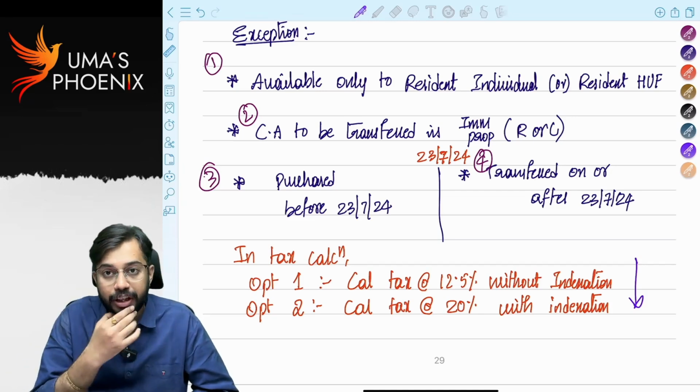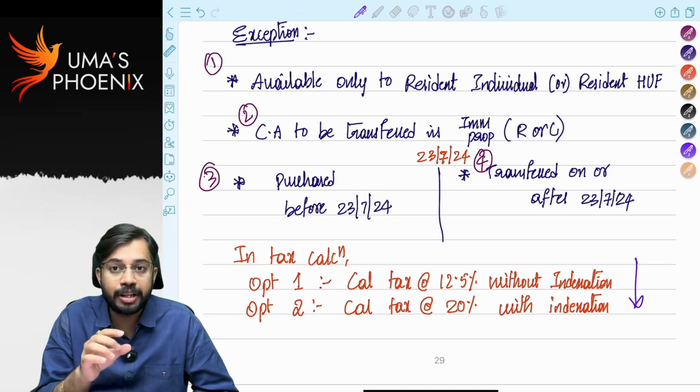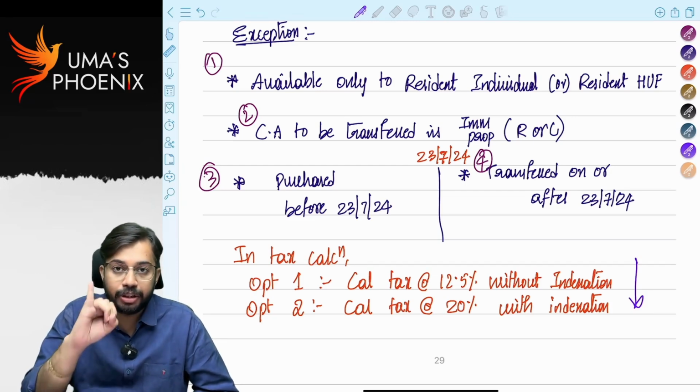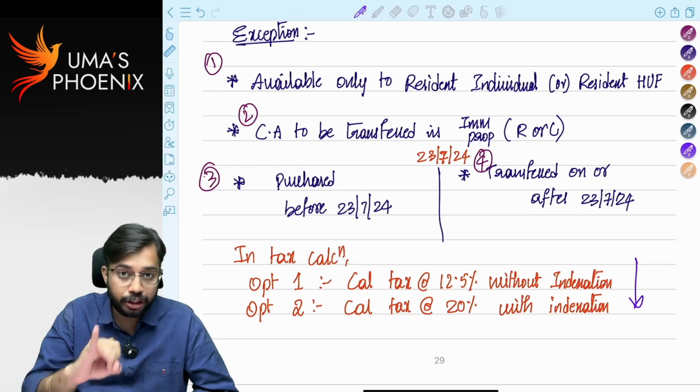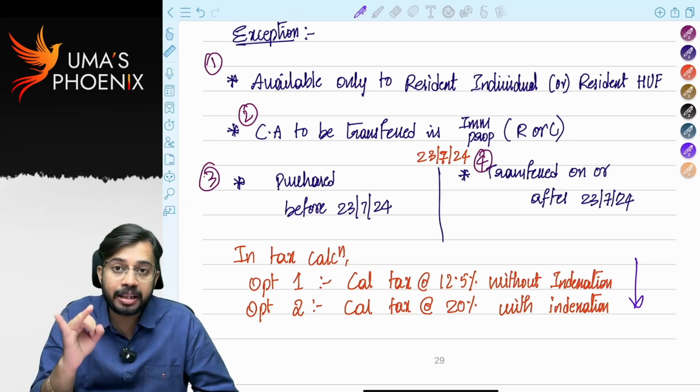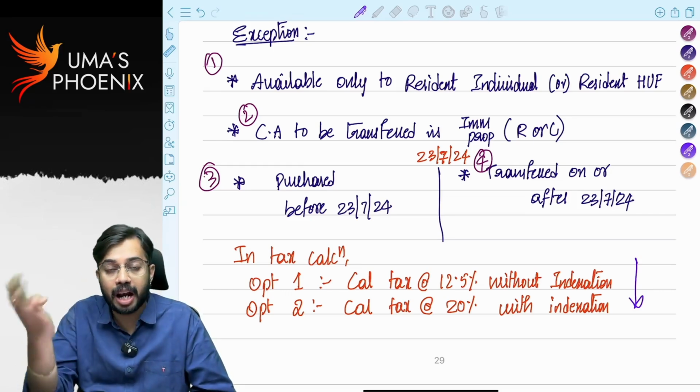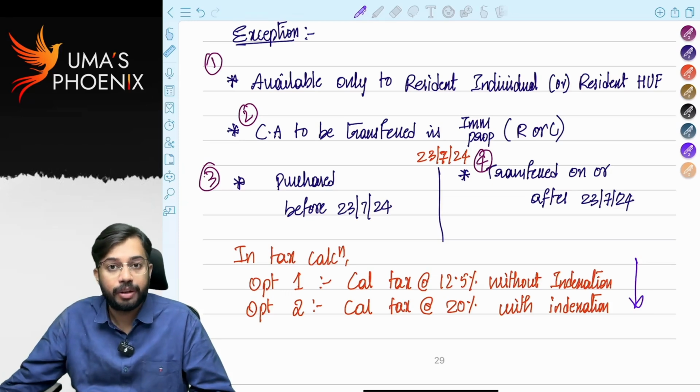What is that one situation? For that situation, 4 conditions are there. Capital asset should be transferred by a resident individual or resident HUF, and the capital asset transferred should be immovable property. It should be purchased before 23rd July 24 and it should be transferred on or after 23rd July 2024.